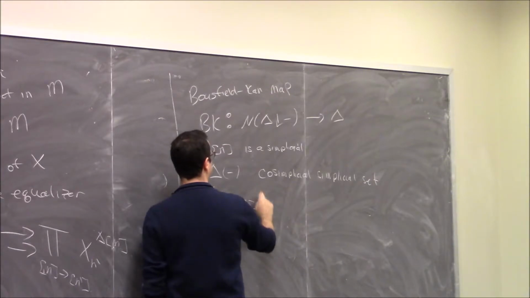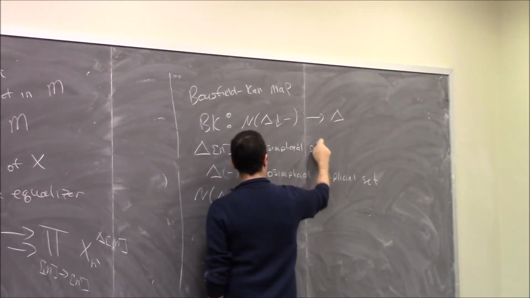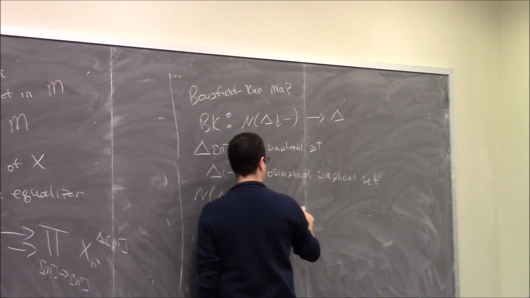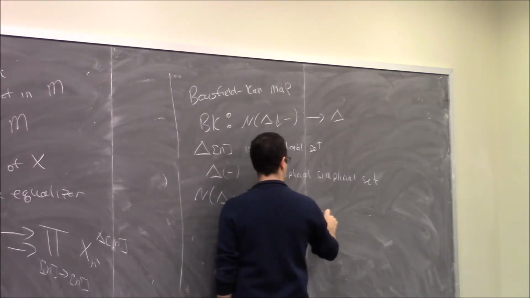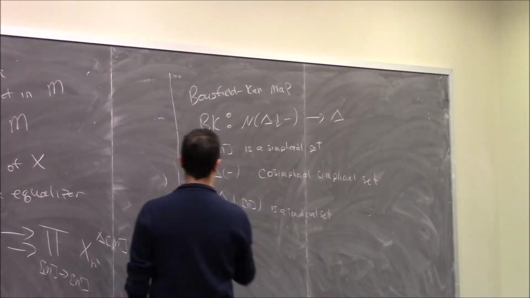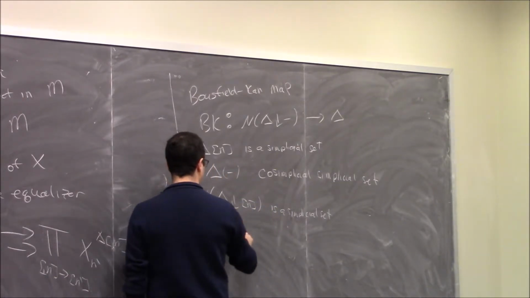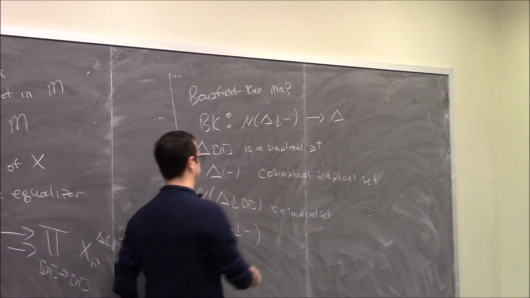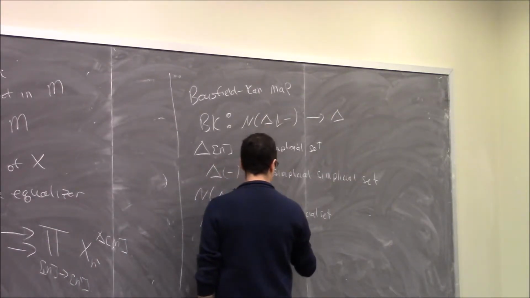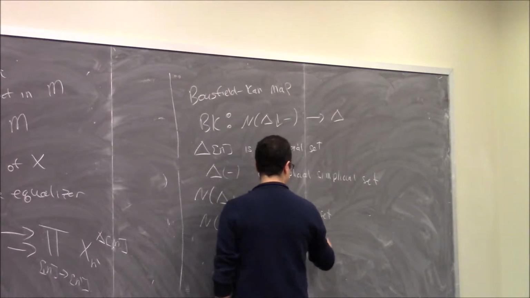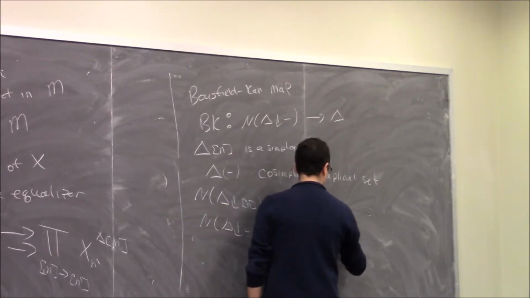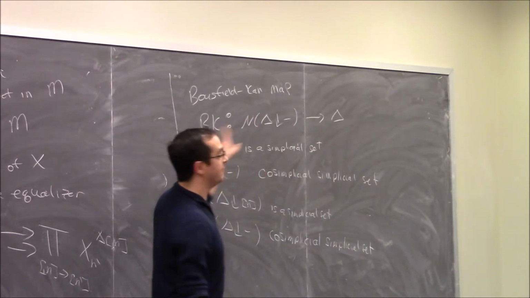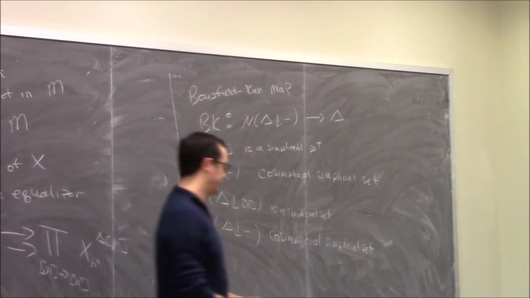For fixed n, we get a simplicial set, and the collection of all these will give a cosimplicial simplicial set. And so we want to define a map of these things.